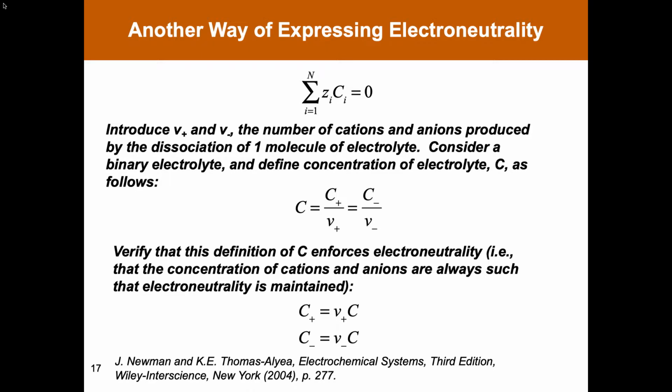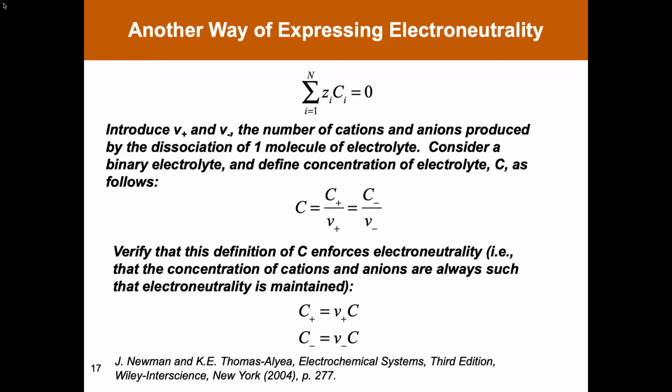Now, we can introduce the number of cations and anions produced by dissolving or dissociating a mole of an electrolyte, in a binary electrolyte, a monovalent electrolyte like sodium chloride. We can define the concentration of that electrolyte as C plus divided by the number of cations produced by dissociating a molecule of electrolyte, and that's equal to C minus over the number of anions that are produced.